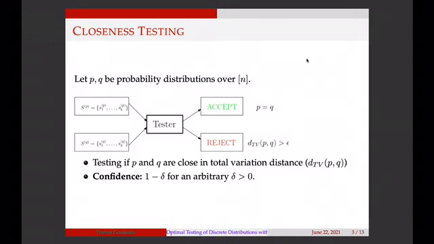The confidence parameter is 1 over delta, for an arbitrary delta, and by confidence we mean that these guarantees need to hold with probability at least 1 minus delta.